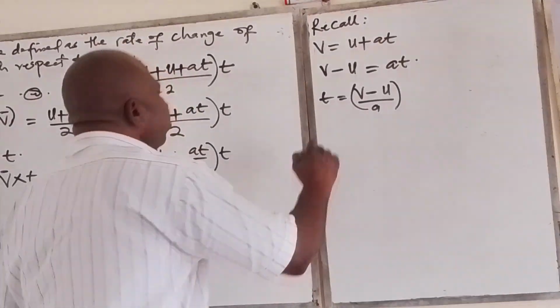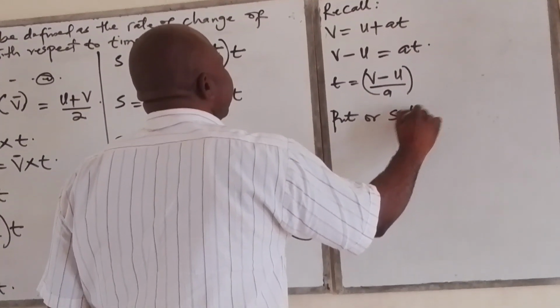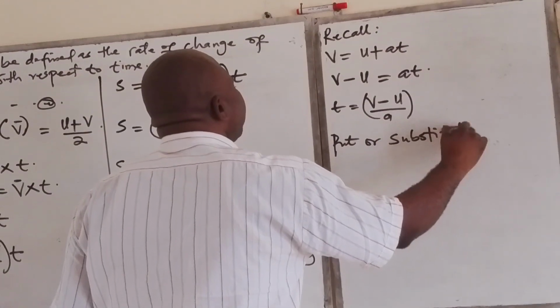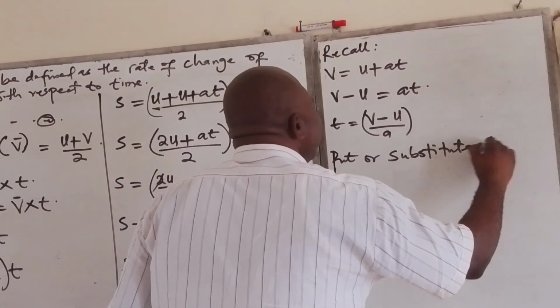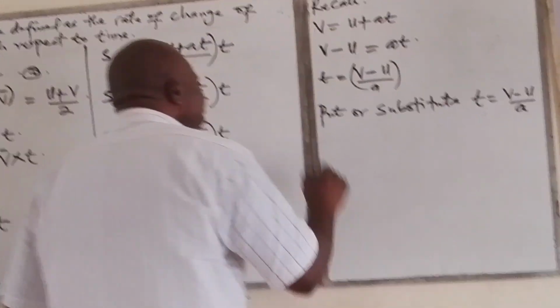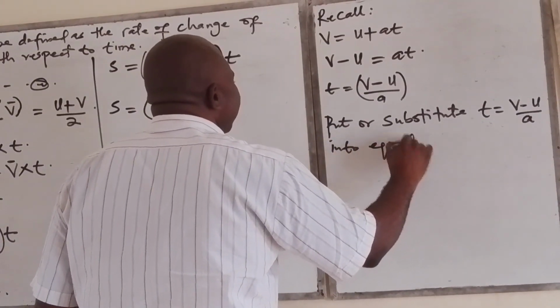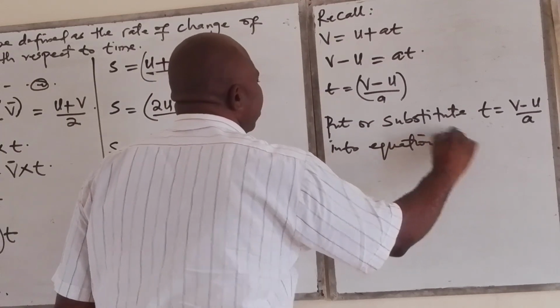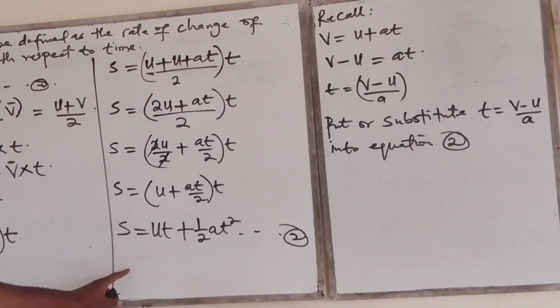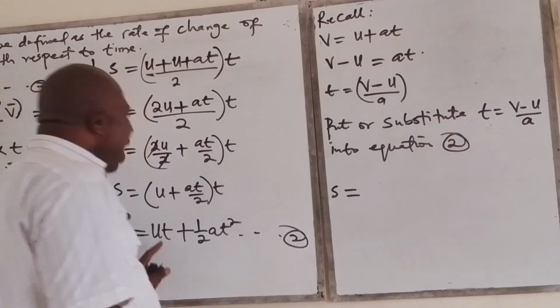Now let's substitute t is equal to v minus u all over a into equation 2. Yes, into equation 2. So the value of x will now be equal to, we have ut.